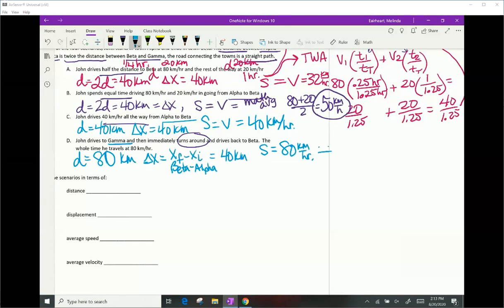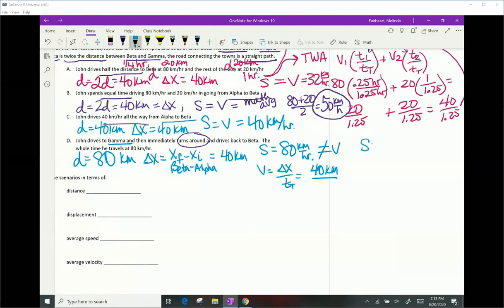But since the turnaround, your velocity is not going to equal the speed. And so we actually need to find the velocity and its displacement over time. We know the displacement is 40, but this total time we don't know. But we do know the displacement and the speed, because time is the one thing that's exactly the same for speed and velocity.